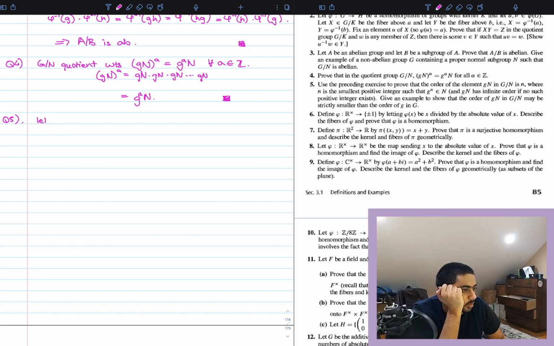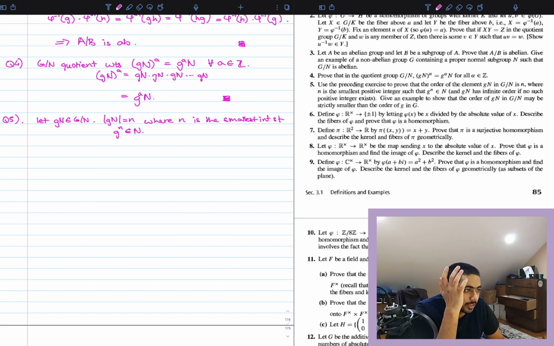Okay, so let this be a coset of G. Then the order of this equals n, where n is the smallest integer such that g raised to the n is an element inside N. The way to think about this is that G mod N is essentially the group you get by deciding that from now on N is the identity.